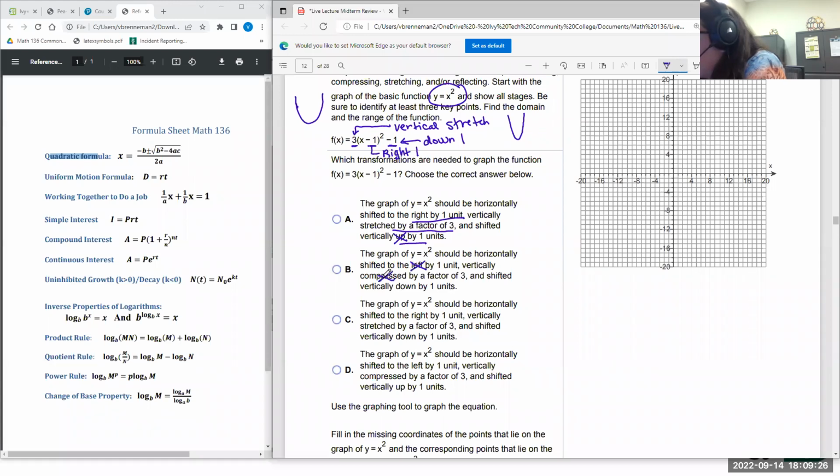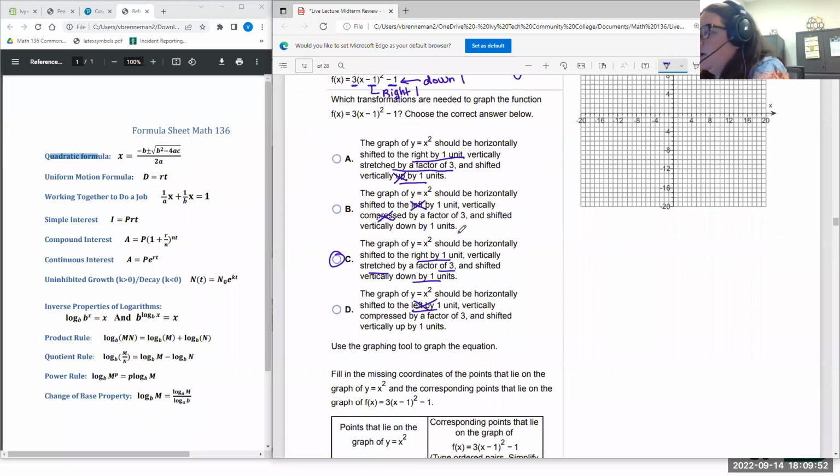Vertical compressed is wrong. The next one, shifted right 1 is correct. Stretched by 3 is correct. Down 1 is correct. And just to double check, D says left 1, which is incorrect. So just finding this is easier than with MATLAB, of course, if it tried to have you type in the transformations, that would be more complicated.